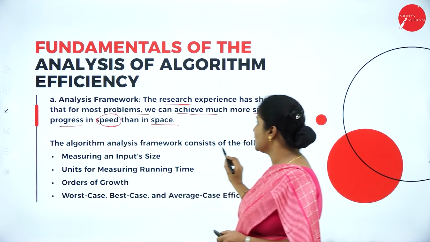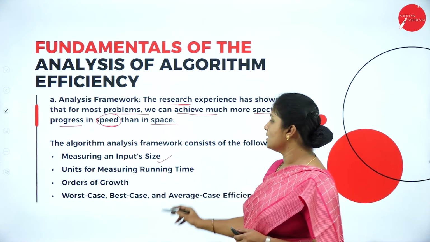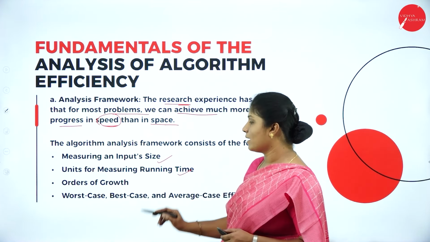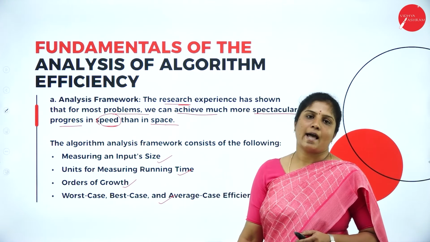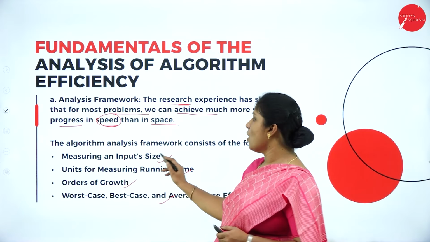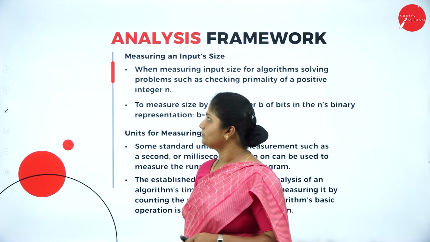The algorithm analysis framework consists of the following. We have to measure the input size, then measure the running time, order of growth, worst case, best case, and average case. We need to study all these things to analyze the algorithm.